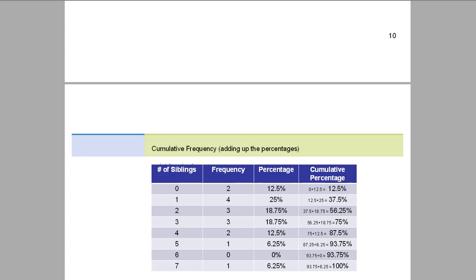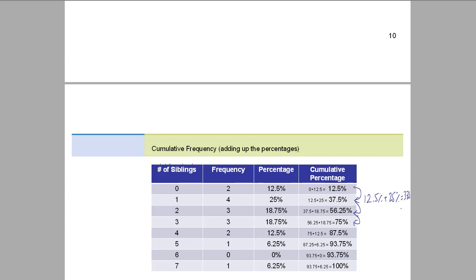To go over this one, what we've done is you would simply add the previous row to the next, okay? I left out the calculations there, but just so you can see, this 37.5% comes from the 12.5% plus 25%, which gives us 37.5.